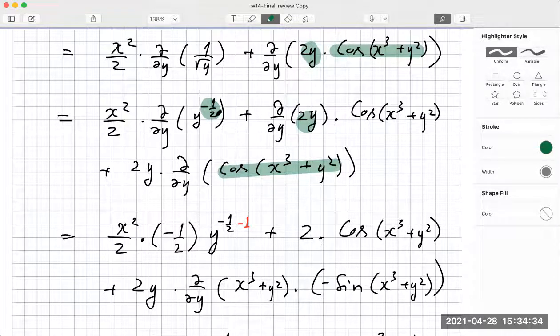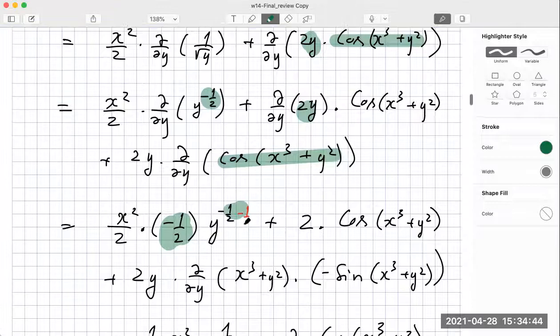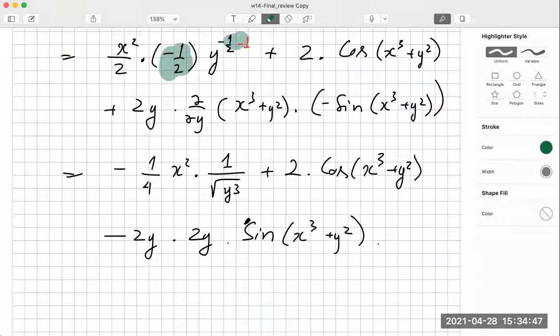So for the derivative of that, we bring the power down here, and the power of this becomes negative 1/2 minus 1. Simplify it, we will have this final result. Okay, that's it.